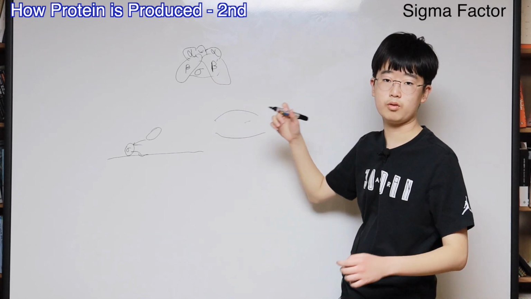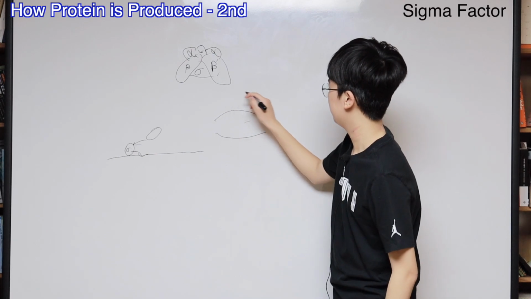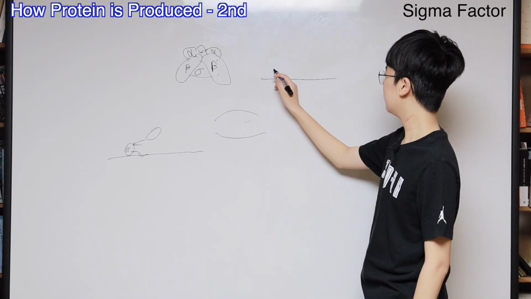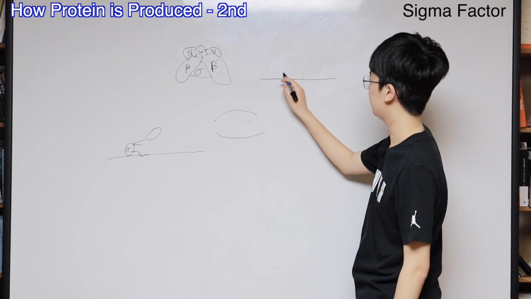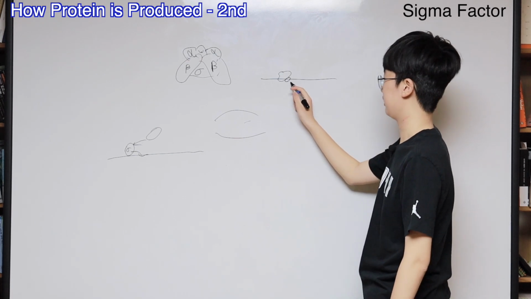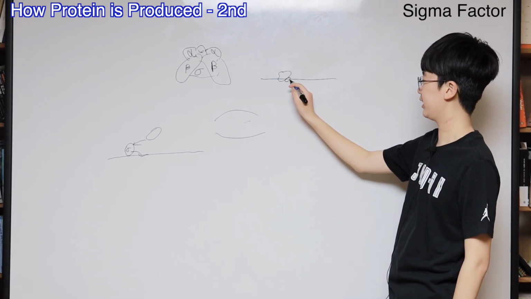So the RNA polymerase kind of finds a piece of DNA to sit on, and it's now kind of like this with the sigma right here.